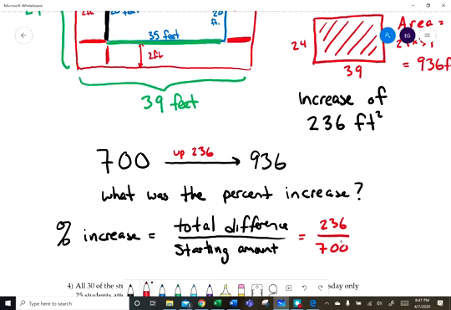And with the help of a calculator, if we divide 236 divided by 700, that will give us about 0.33 or 33%. So the increase of 236 square feet meant an increase of 33%.